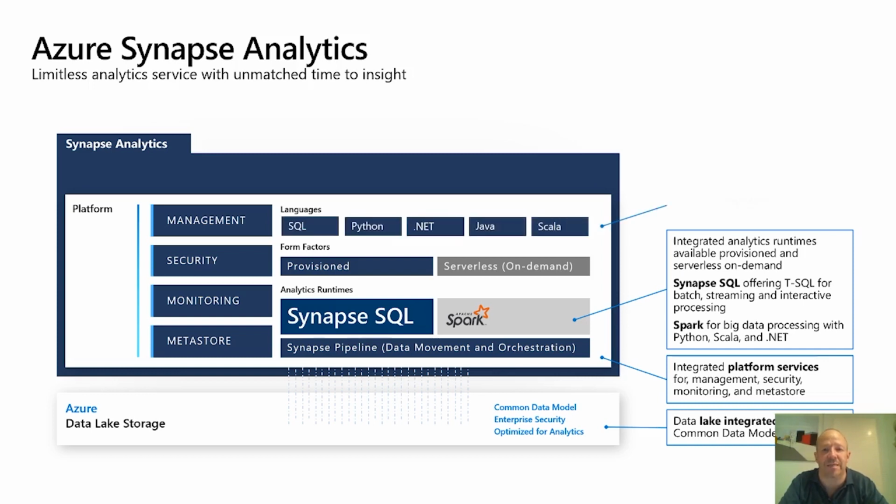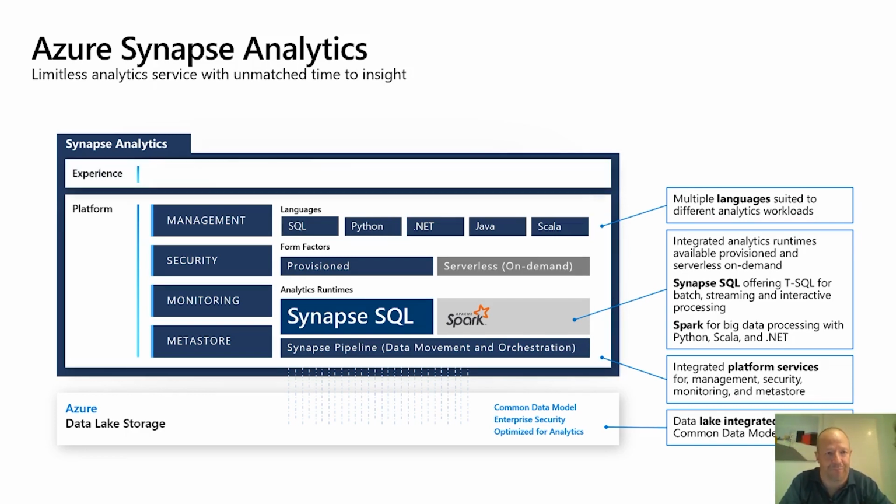And last but not least, you also have multiple languages that are suited to different analytic workloads and also to your different knowledge of these languages, so that you can use the language that is best suited for the task and that you're most familiar with. Languages that we are currently supporting are obviously SQL, and on the Spark side we have SQL as well, again Spark SQL, Python, .NET, Java and Scala support.